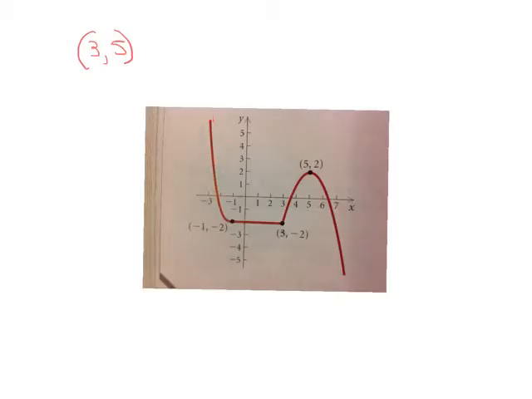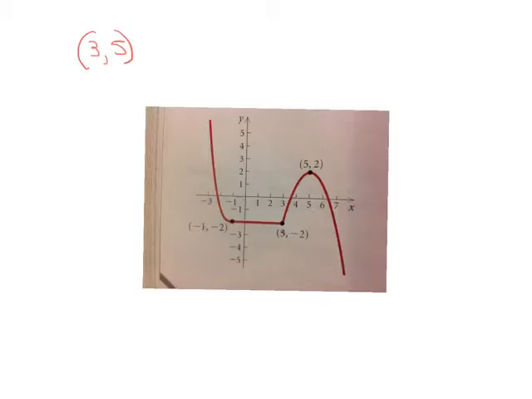My y value at -3 went from about 6 down to about -2. So it decreased. So as my x increased, my y decreased there. Okay? So anyway, (3, 5) would be my A.